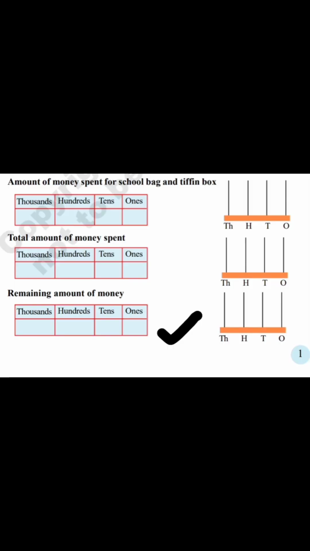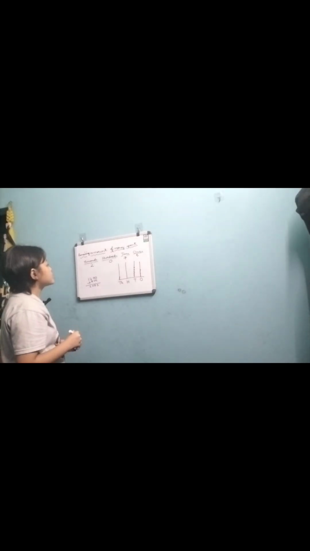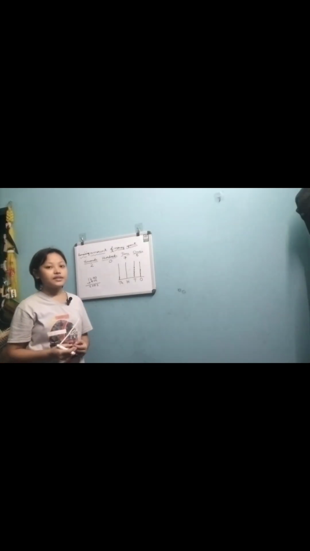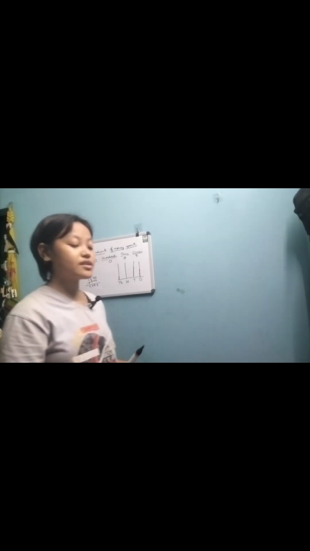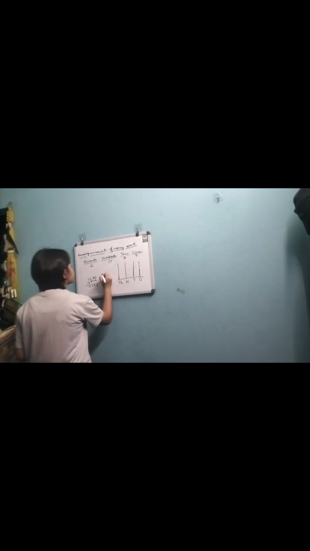Remaining amount of money means how much money is still remaining. First of all, let's see how much money her mother had earlier, and Moni's mother had rupees 3650.